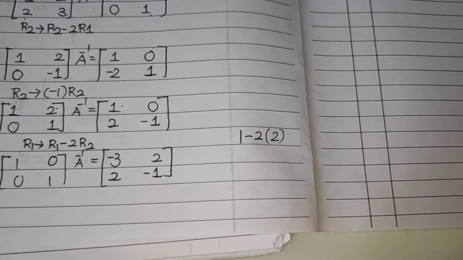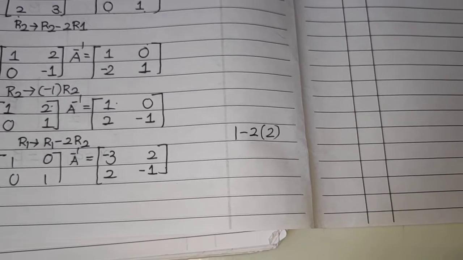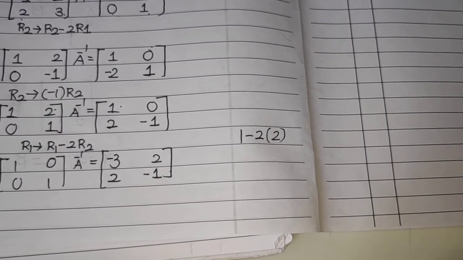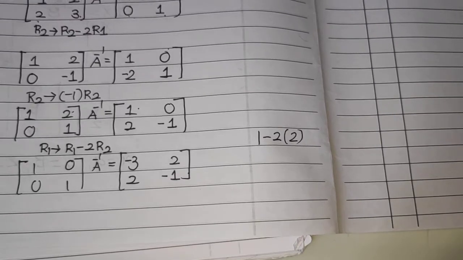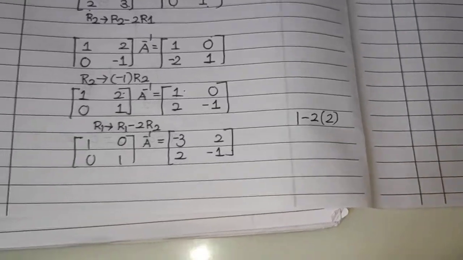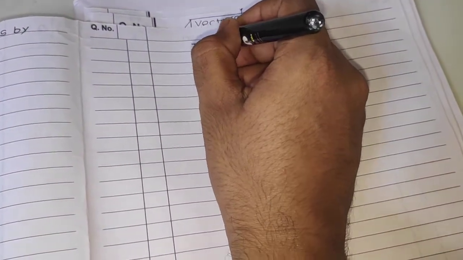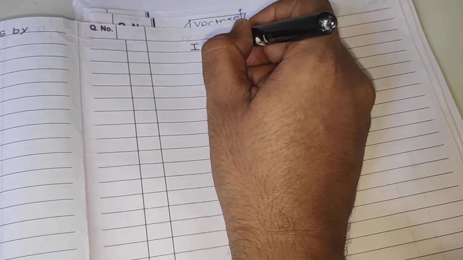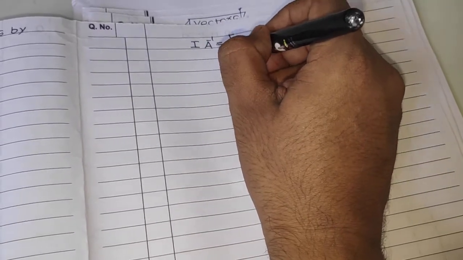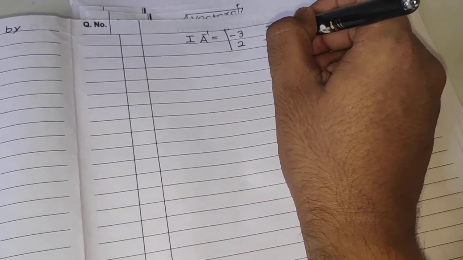Now if you observe carefully, this is exactly the inverse of the matrix that we got. Now I can just mention over here the original matrix I into A inverse equal to minus 3, 2, 2, minus 1.